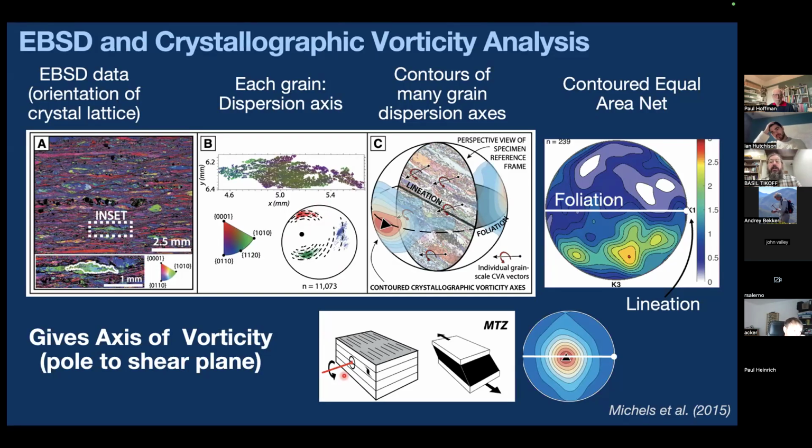It's going to be used on the chert layers, but in fact, it works in any unit. And then you basically contour it, and then you find the axis of rotation. So in the sample reference system, looking at a stereo net, if it's a simple shear, we expect the axis of maximum rotation to be in the plane of foliation, so shown here, but orthogonal or 90 degrees from the lineation direction.